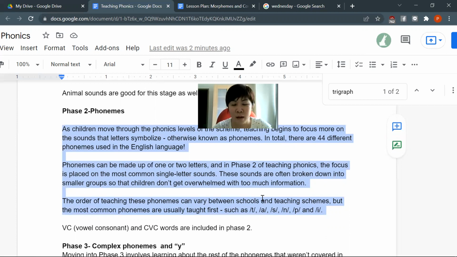Anyway, continue. Often broken down into smaller groups so that children don't get overwhelmed with too much information. The order of teaching these phonemes can vary between schools and teaching schemes, but the most common phonemes are usually taught first, such as t, s, n, as close as you can get to n, and e.